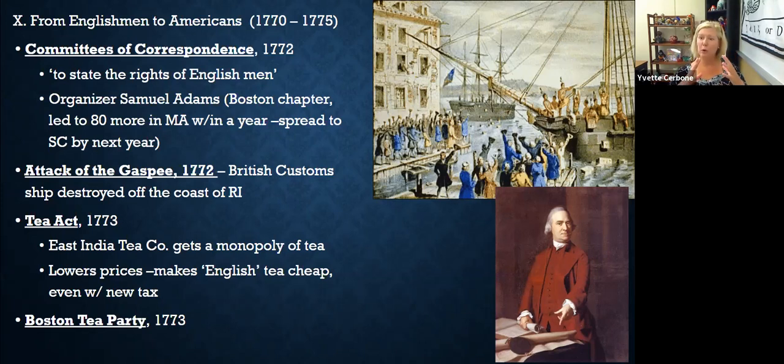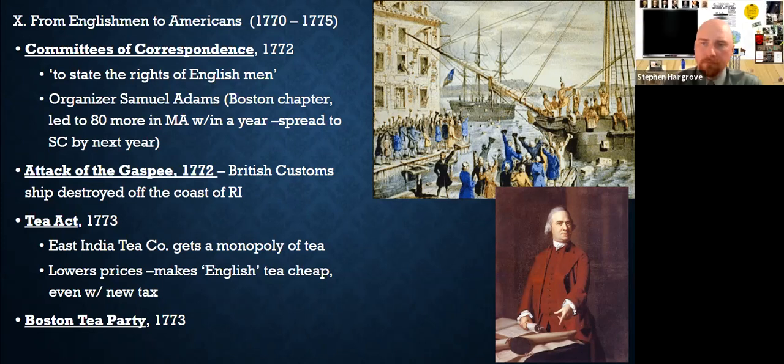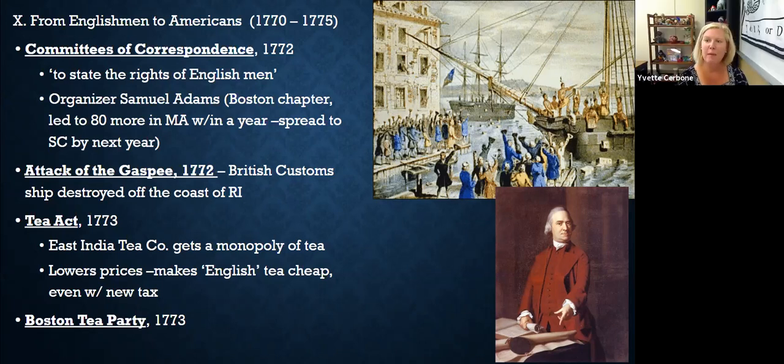They might be more loyalist, or they might be seen as being more pro-colonist and anti-tax. Some newspapers are going to be shut down in some areas, particularly where the local authorities, the governor, is able to do that. And so to circumvent that lack of media in some places, the Committees of Correspondence are going to make sure that they're constantly telling what's going on.